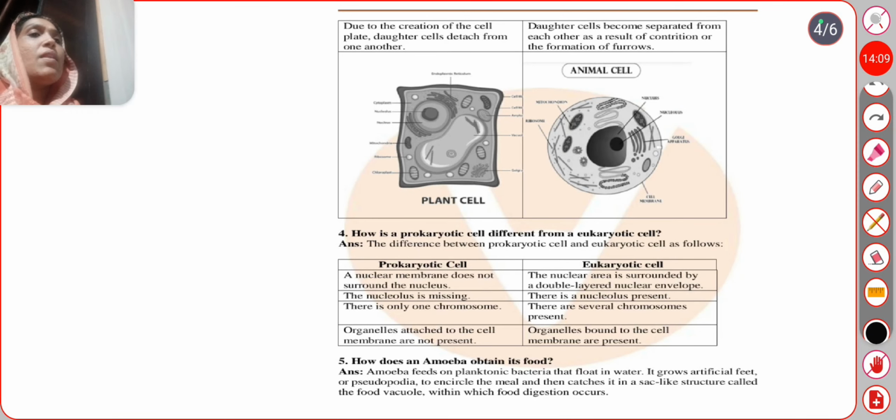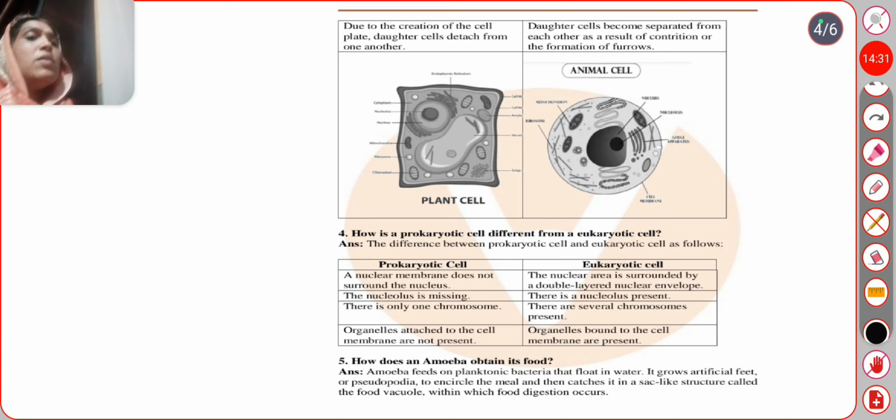Okay, see, this is the plant cell and animal cell. See the structure. The thick cell wall is present here, and here also a cell wall is present. A large vacuole is present here, but here we can see small vacuoles. Centrioles are present here, centrioles are absent.